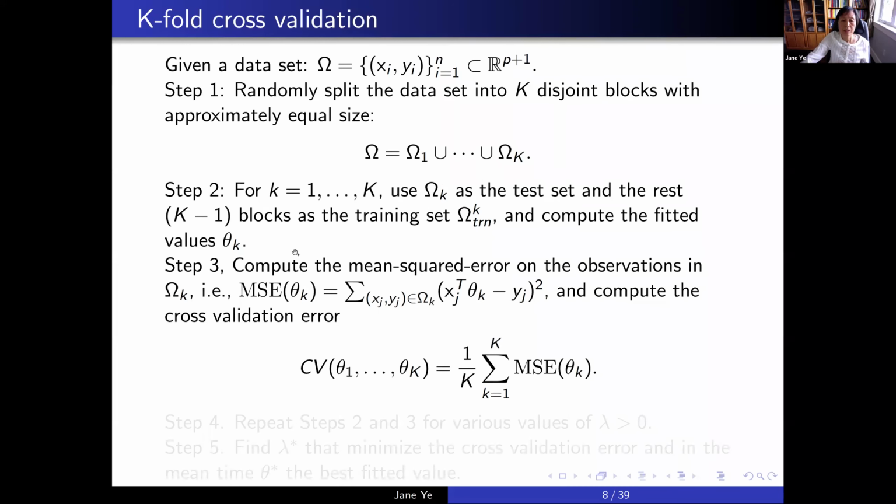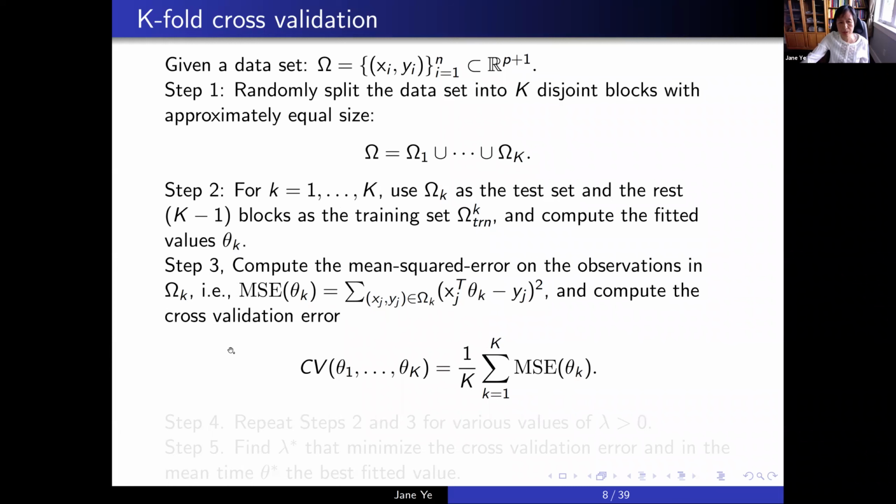Then use this theta k and the test set to test how well this fitted value performs. You calculate the mean square error on the observations in the test set, and because we do this from 1 to k, we take the average.